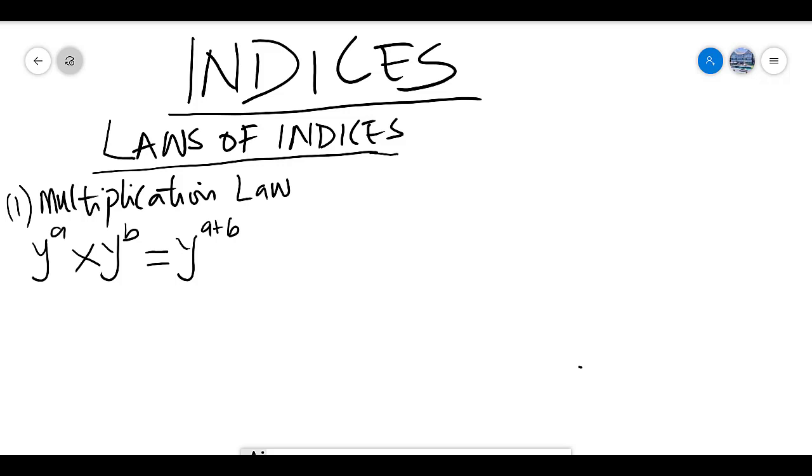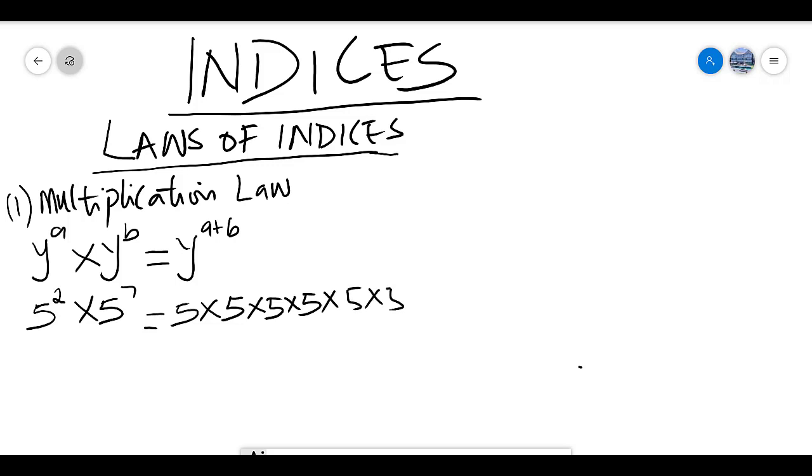So if I have something like 5 raised to power 2 times 5 raised to power 7, I know a layman would try to do something like this: 5 times 5 for 5 raised to power 2 times 5 times 5 times 5 times 5 till up to 7. I'm sure you're already getting bored at that.